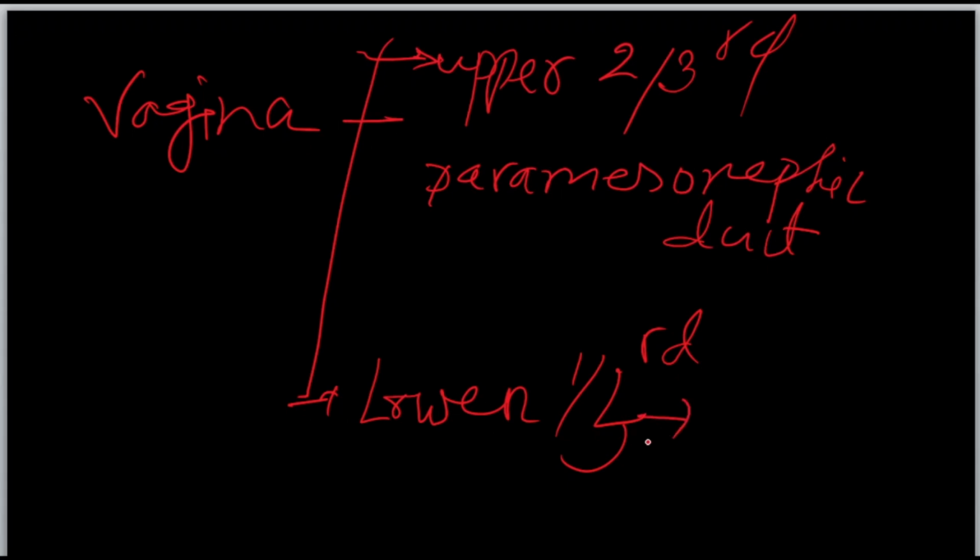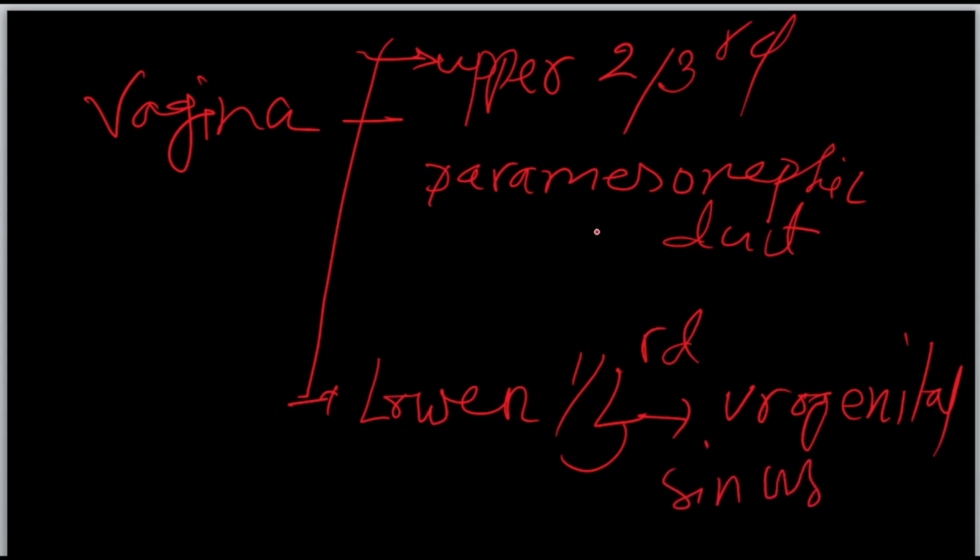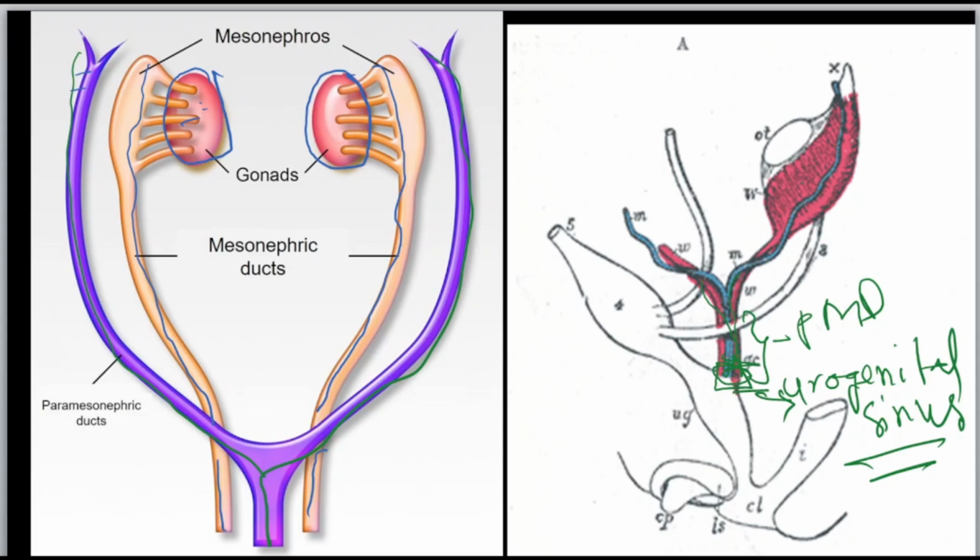And lower one-third is from the urogenital sinus. As the paramesonephric duct invades into the urogenital sinus, from this figure, this part gives the development of the lower one-third of vagina.